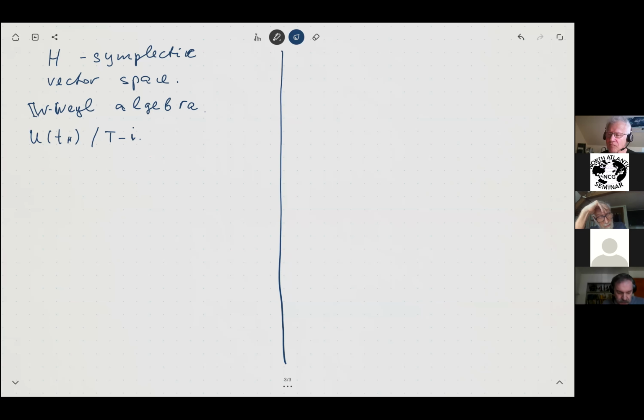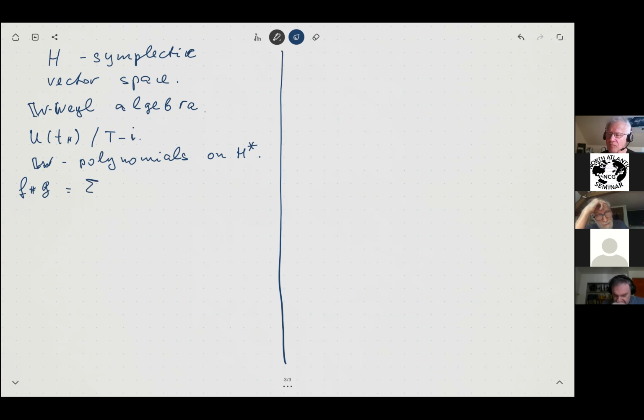So you can think about this as polynomials on the dual of H, and the product is the Moyal product.